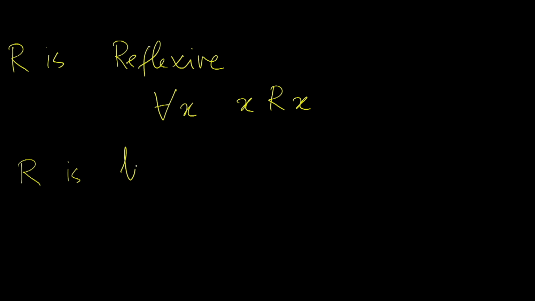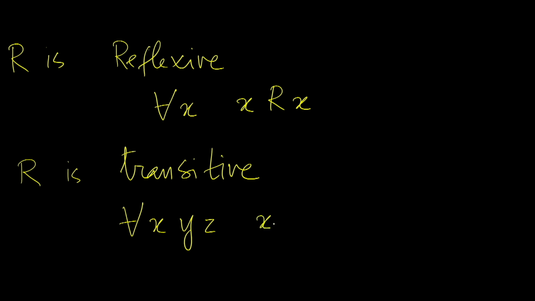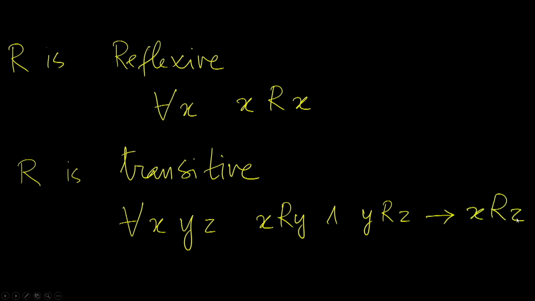And R is transitive if for every x, y, and z, xRy and yRz implies xRz. These are definitions that we have seen before.